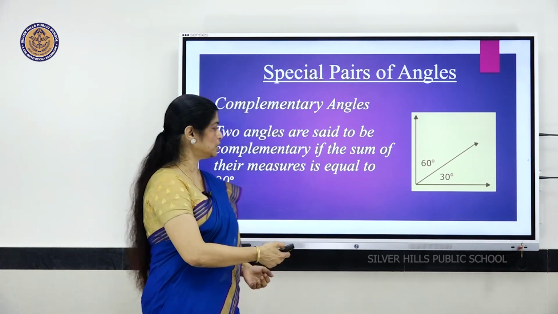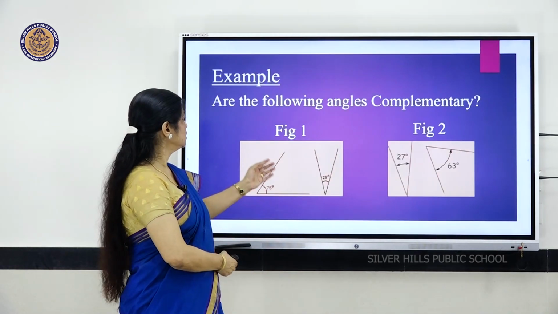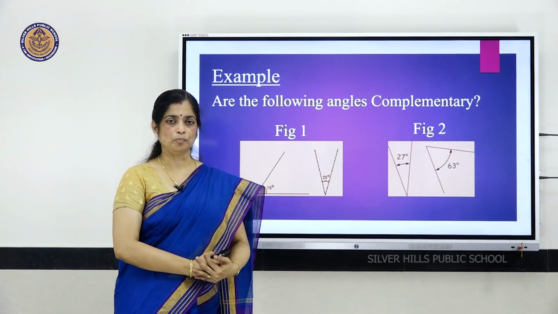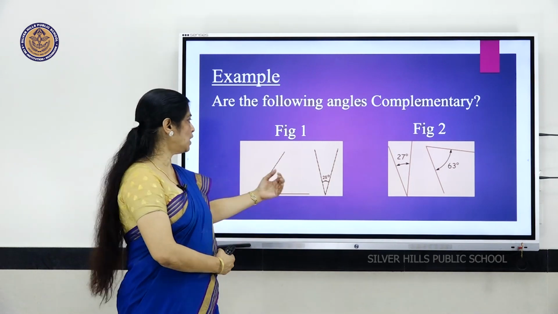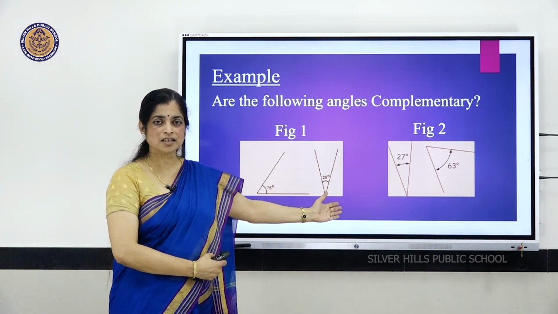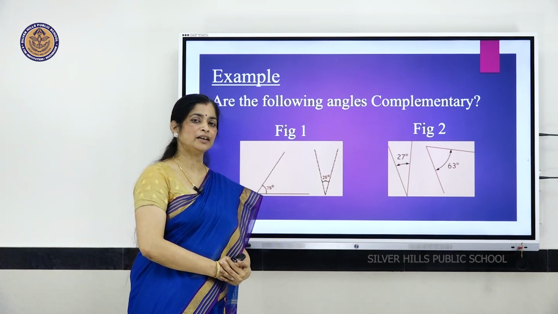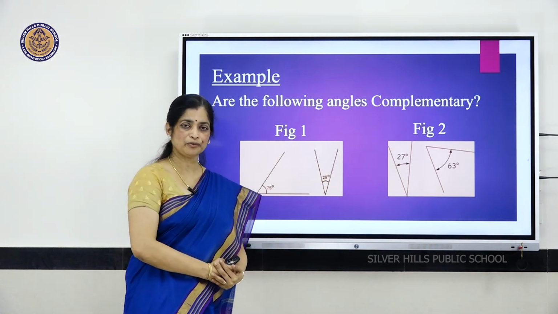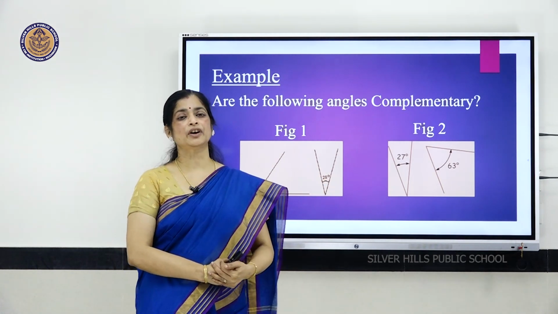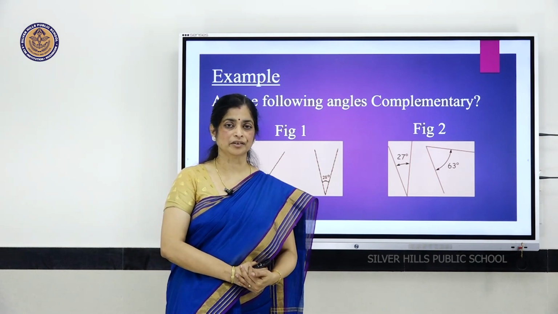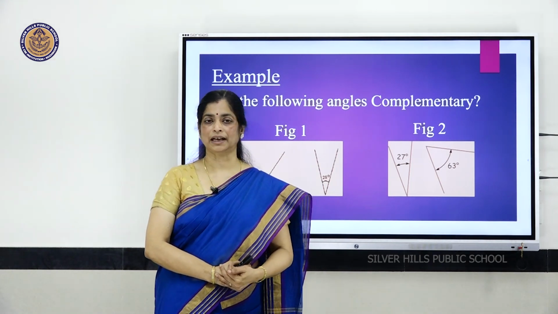Let us look into an example. Are the following angles complementary? Figure 1, you have two angles. One angle measures 75, the other angle measures 25 degree. When you add 75 plus 25, you get 100. It is not equal to 90.